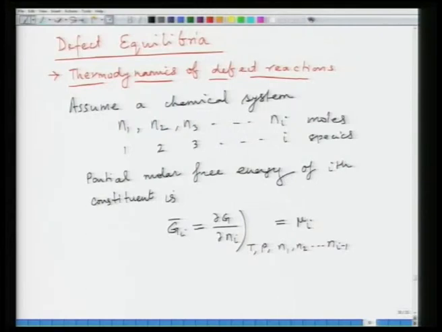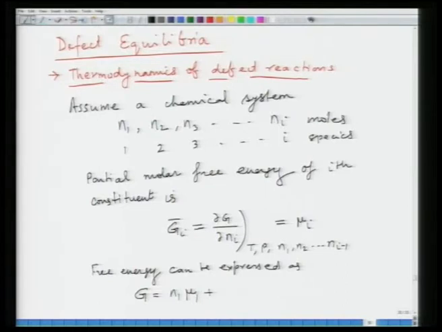Now, we can write the net free energy as, so G is equal to N1 mu 1, in terms of the chemical potential of each of these species.